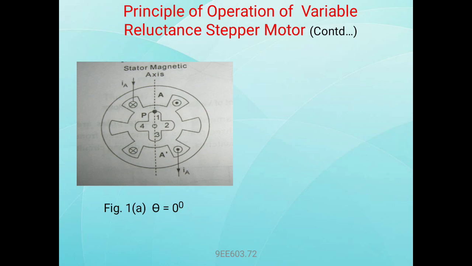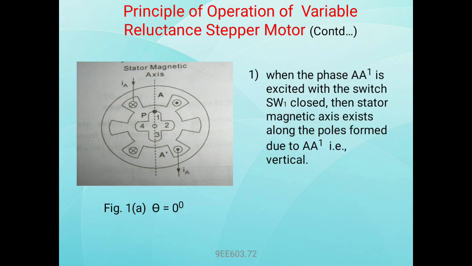At theta equal to 0 degrees, when phase A dash is excited with switch SW1 closed, then the stator magnetic axis exists along the poles.